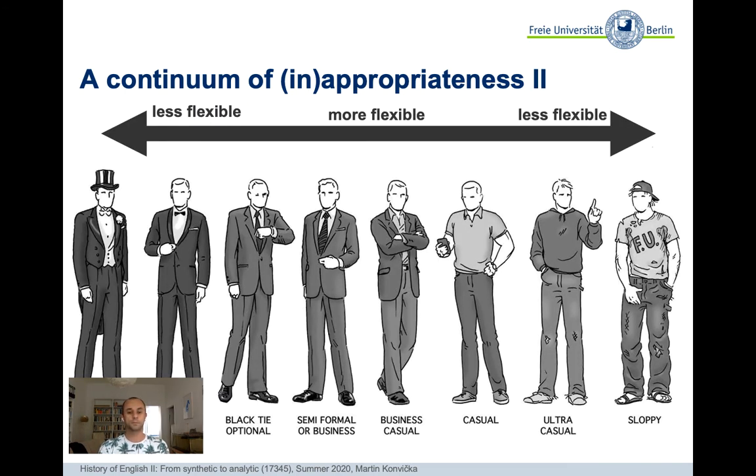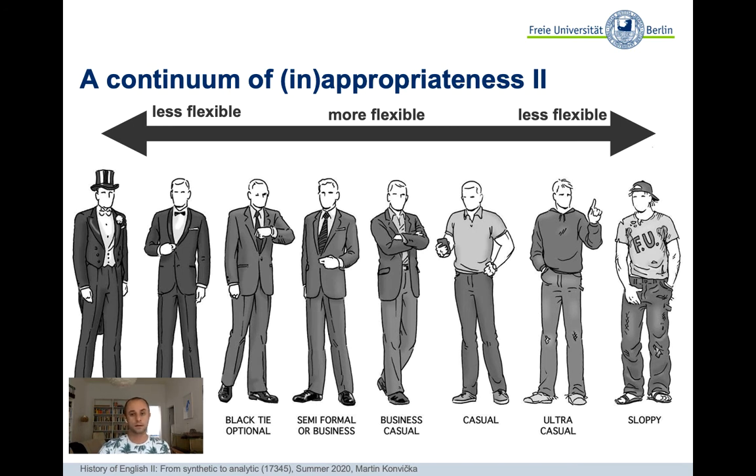Similarly, also clothing, right? If we have a black tie or white tie, things like that, they are not incorrect or correct, but they are only okay in a very limited number of contexts.